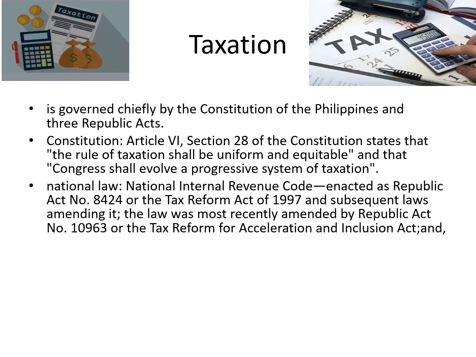Next, we also have the national law, and the national law is the NIRC, or the National Internal Revenue Code, enacted as Republic Act 8424, or the Tax Reform Act of 1997, and most recently amended by Republic Act 10963, or the TRAIN, the Tax Reform for Acceleration and Inclusion Act. So this is now the new tax, the TRAIN law, which simplified the taxation more, because in the previous taxation there were still dependents that were allowed to be exempted.